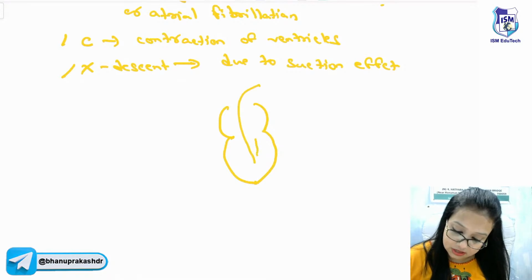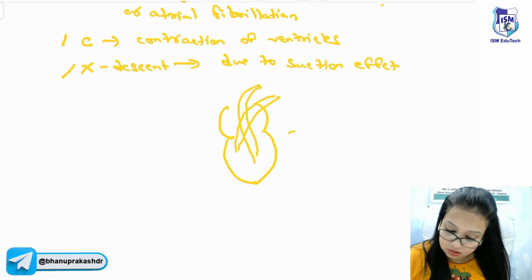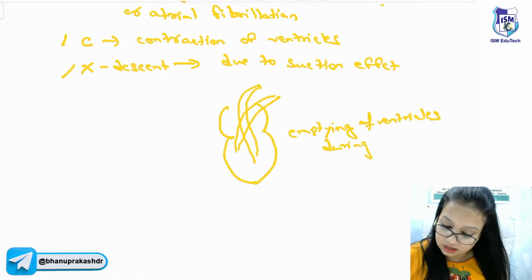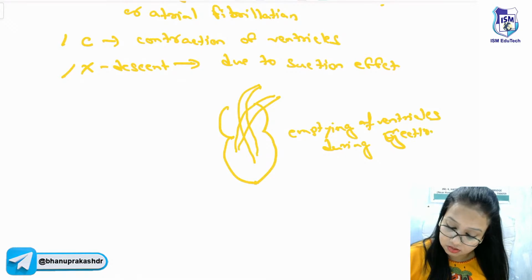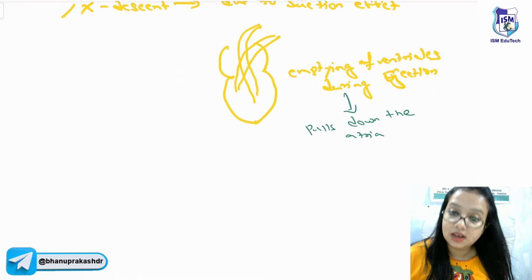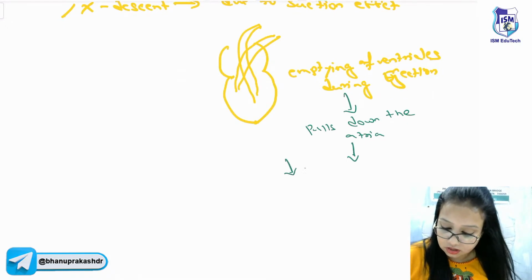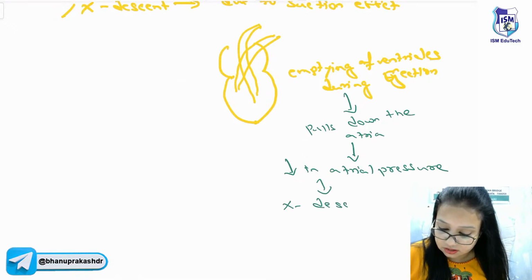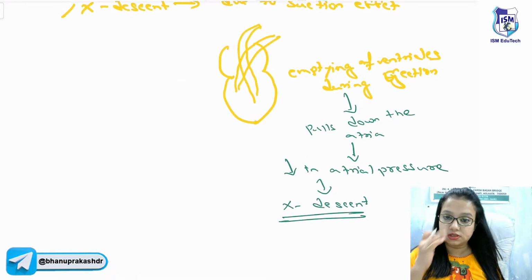So when there is emptying out of the ventricles during ejection, what it does is pull down the atrium, as a result of which there is a drop in atrial pressure, which is the X descent.